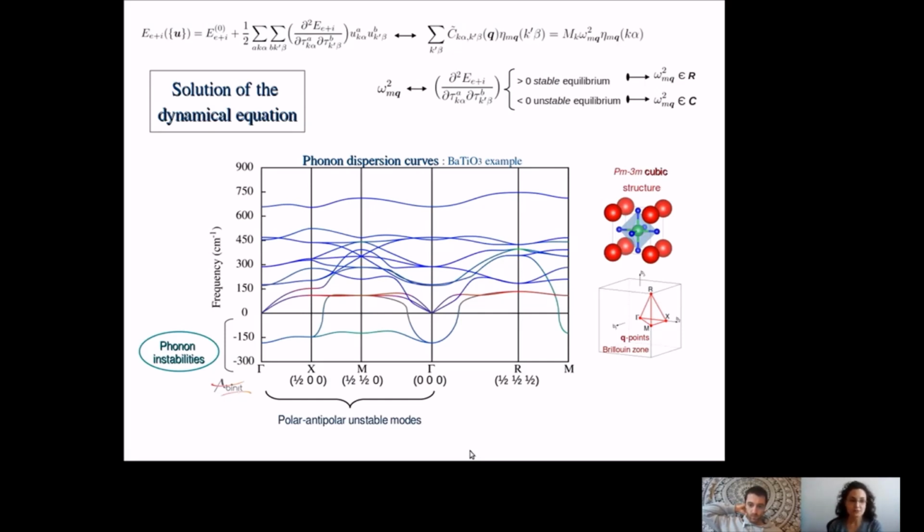And for instance, if you look at the case of barium titanate in its cubic phase, and we explore the phonon dispersion curves, we can see the appearance of different phonon instabilities, which correspond to imaginary frequencies, that are associated to distortions which break the spatial inversion symmetry and thus give rise to a dipole moment.